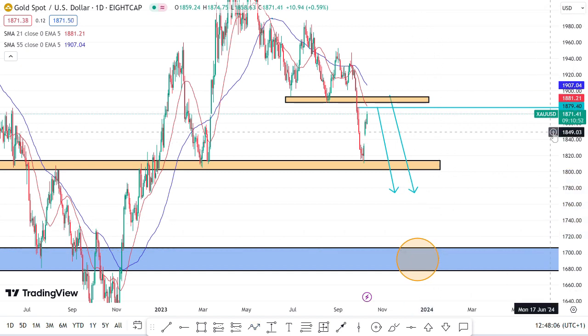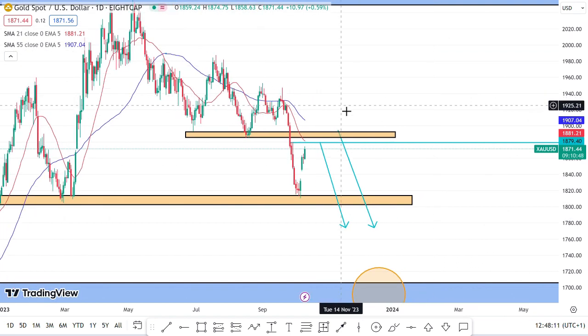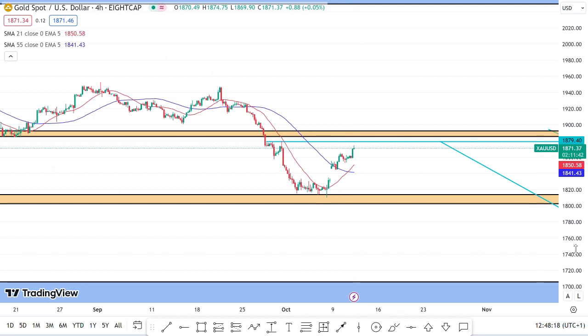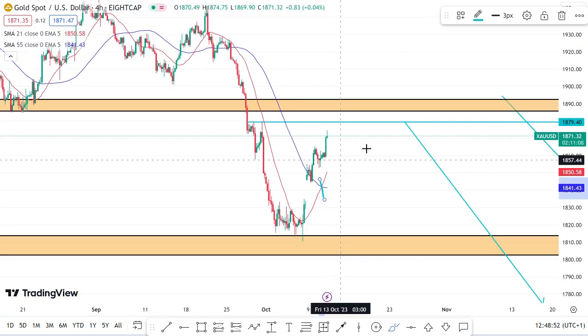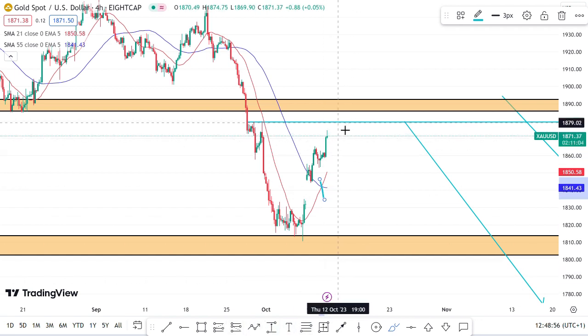So that being said, now you've seen what we are looking at, and over here you can see that we are still bearish with speed on the 4-hour time frame, guys. Now we are expecting this to go up at least to these areas before we see a reversal to the downside.